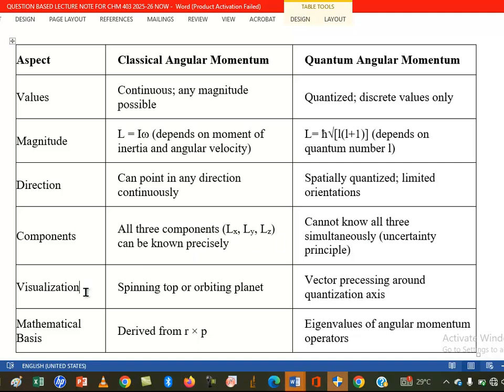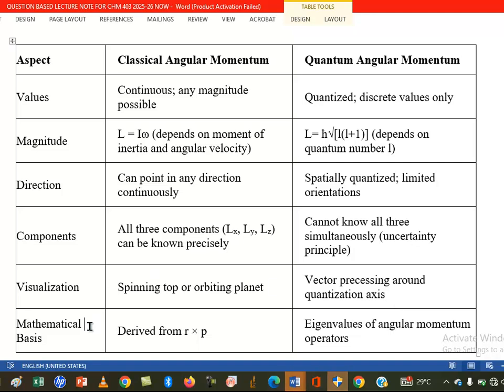Now for visualization, how do you visualize it in your mind? You look at probably the planetary model to visualize the classical angular momentum. But for quantum, you visualize it by looking at a vector precessing around the quantization axis.